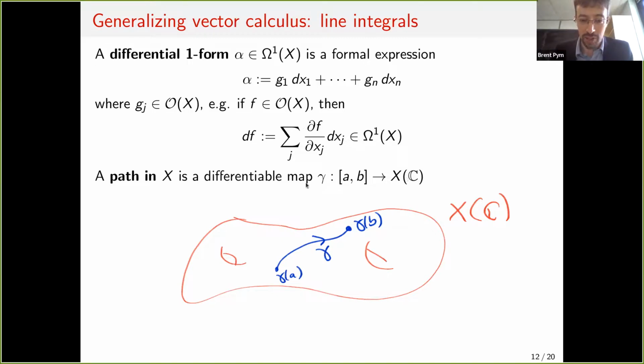And then I just consider an arbitrary map from some interval a to b into this set X of C, which is differentiable. Okay. So here's a kind of cartoon picture. I have X of C, this surface, and I take a path which lies in the surface, and it has endpoints gamma of a and gamma of b. Okay.